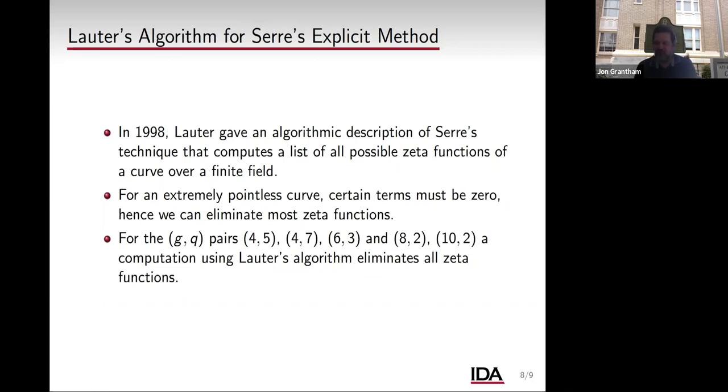Again, you have a lot of extension fields over which you have to have 0 points, which is a straitjacket on your zeta function. And so that means that it's pretty easy to arrive at a contradiction in a lot of cases. And in particular for the cases I list here, we were able to use Lauder's function to eliminate all possible zeta functions.